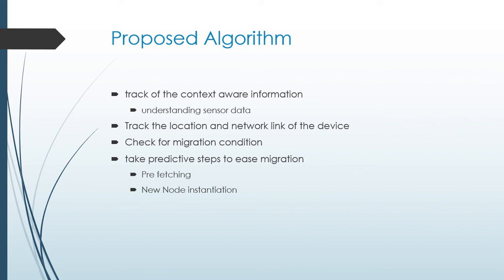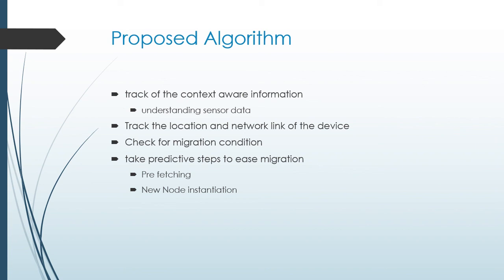What is context aware information? It's information that is understanding your device. If the fog node understands that your device is standing there, or that its battery status is 50%, that is context aware information. This algorithm uses those types of information to give a better handoff time.